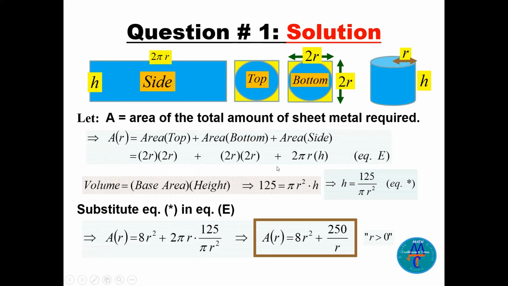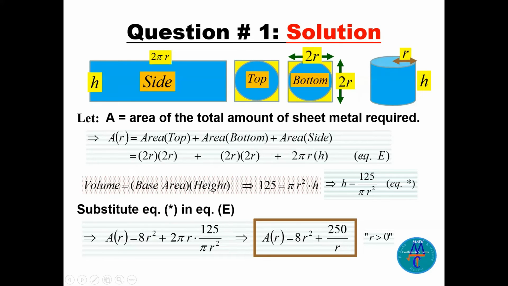So here we have h and r, two variables. We know the volume of the can will be the area of the base times the height. So it will be 125, given, equal to pi r squared times h. So h can be 125 divided by pi r squared. This is equation star.